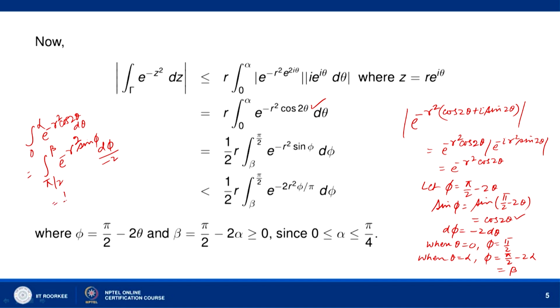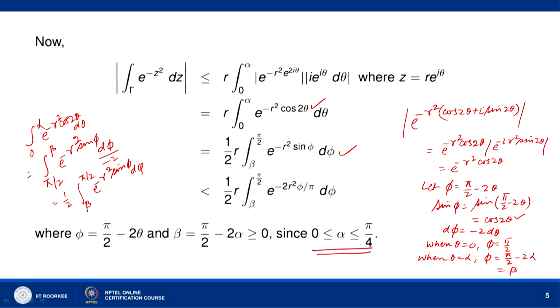So, this is 1 by 2, and the limits of integration can be interchanged because of this minus sign. So, we get integral beta to pi by 2 e to the power minus r square sin phi d phi. And r was already there outside. So, we get 1 by 2 r integral over beta to pi by 2 e to the power minus r square sin phi d phi.